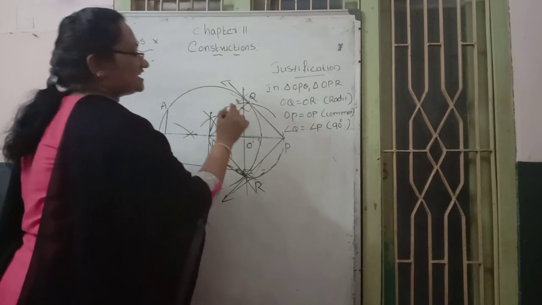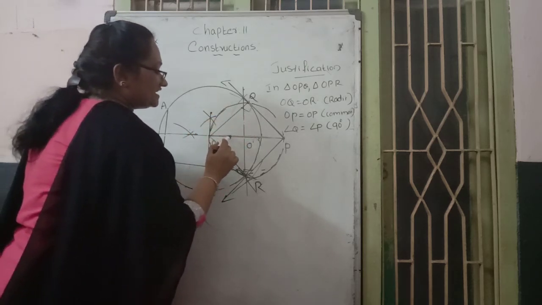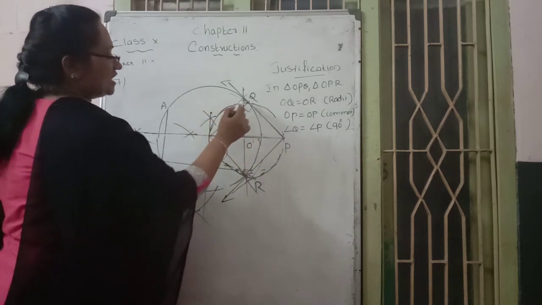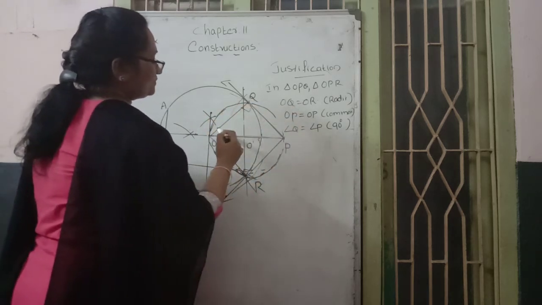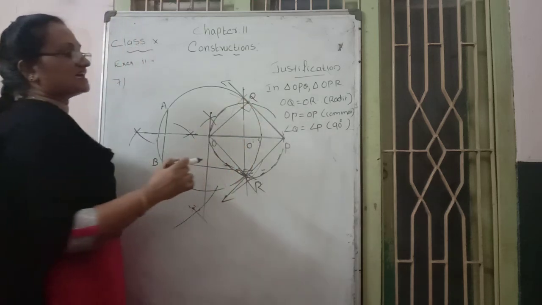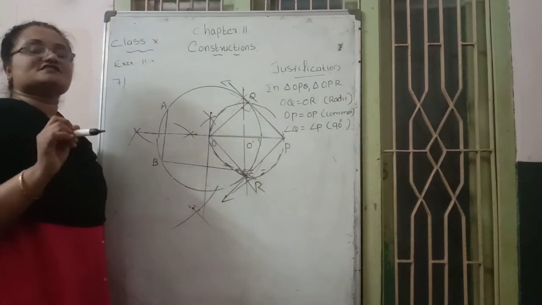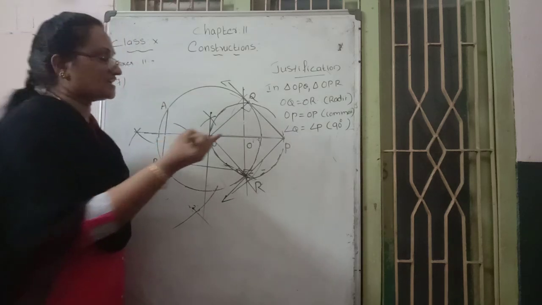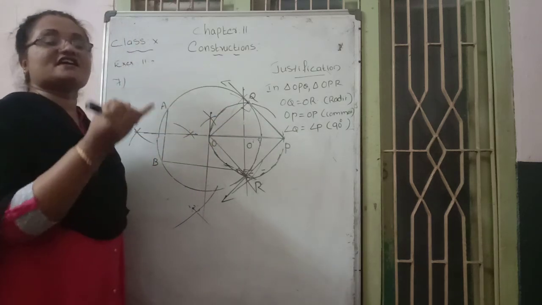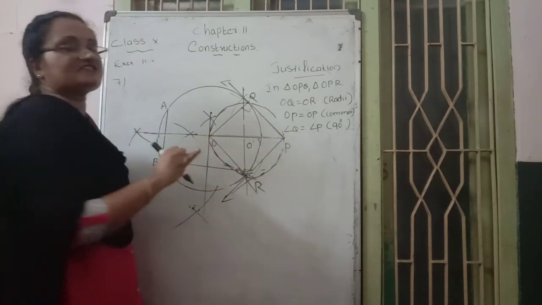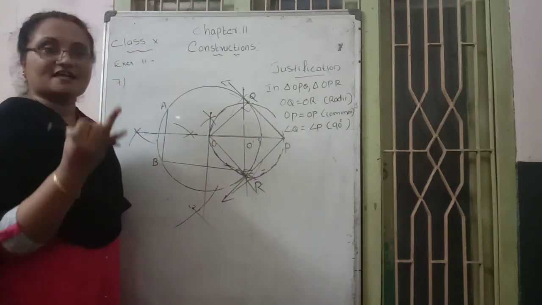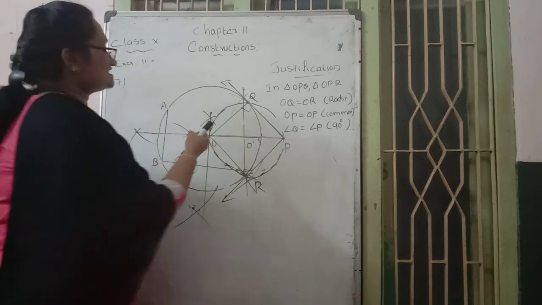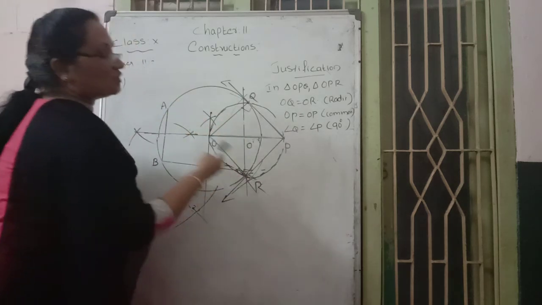So we have a 90 degree angle, the hypotenuse OP, and one side, OQ and OR. That's why it satisfies which property? RHS. RHS means right angle, hypotenuse, and one side.